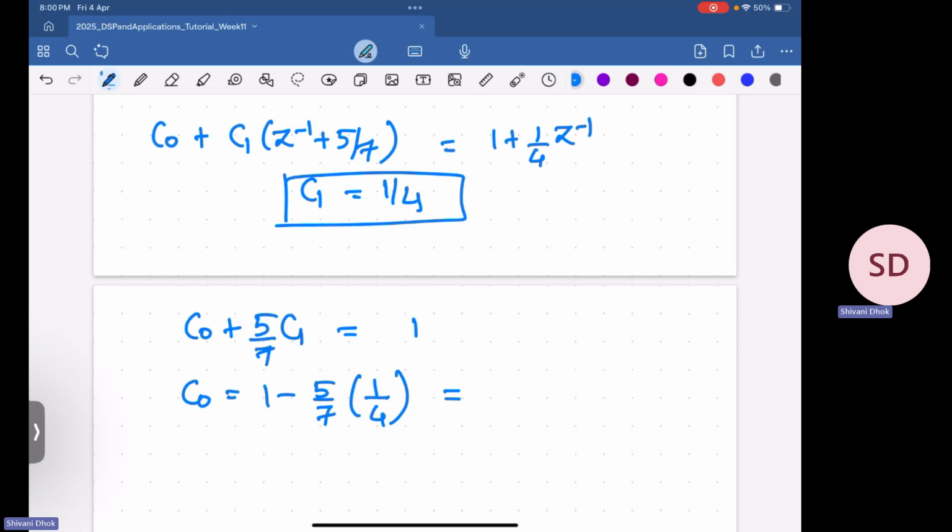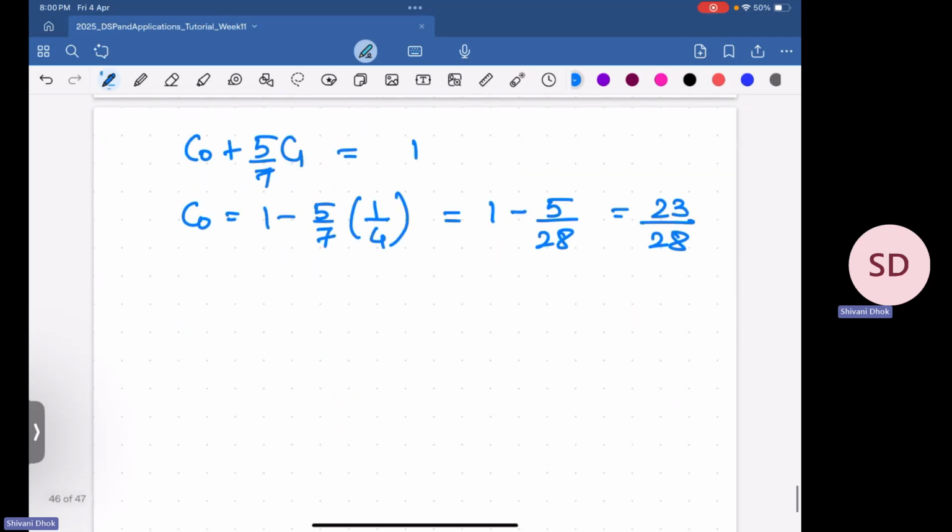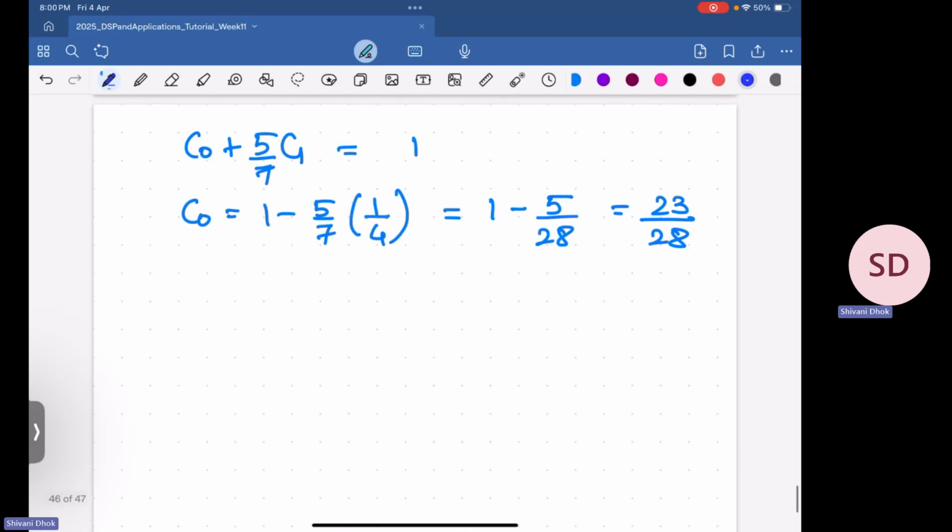So now this comes out to be equal to 1 minus 5 by 28, which is 23 by 28. So what we have now? We have C0 equal to 23 by 28. Then we have C1 as 1 by 4 and we have C2 as 0.